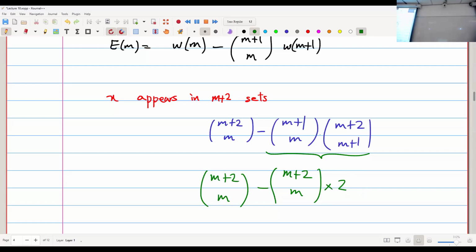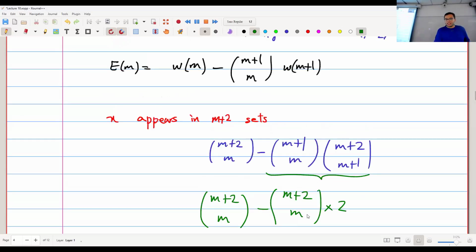So actually, I've counted it a negative number of times, right? So I have to add it back. I have to make sure I count it 0 times. So I have to add m plus 2 choose m times of that. So I have to update my right-hand side and say plus m plus 2 choose m times omega of m plus 2.